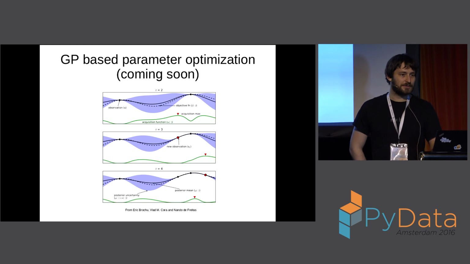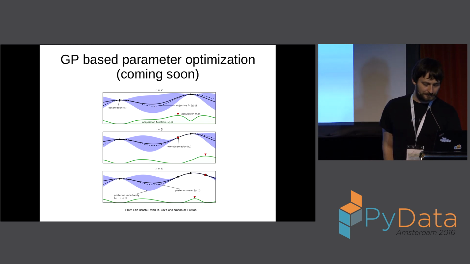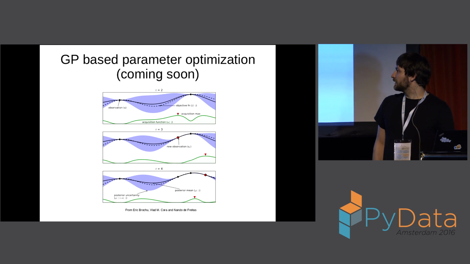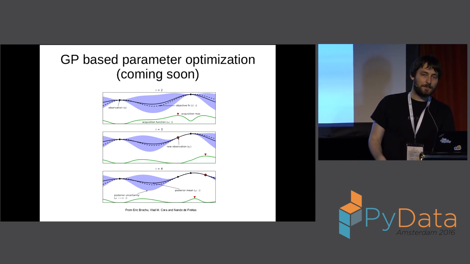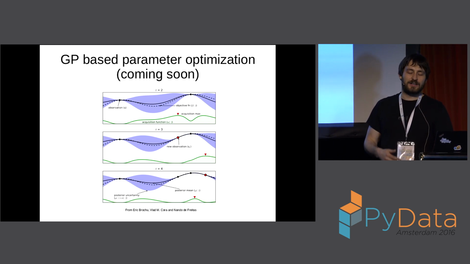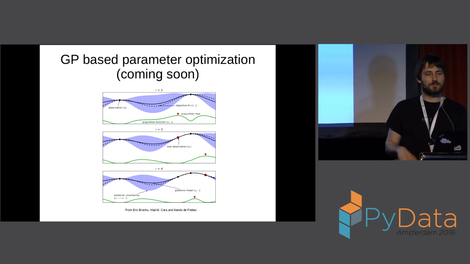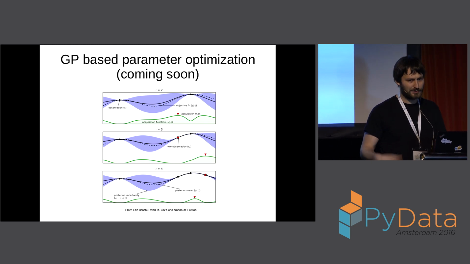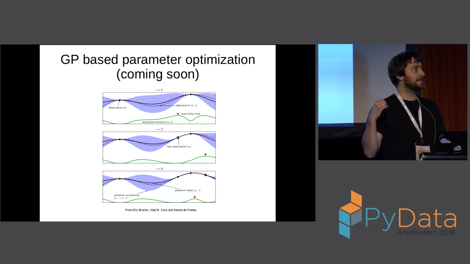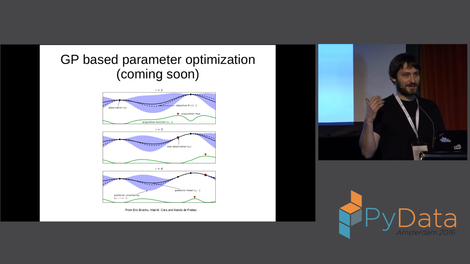But for continuous parameters, this makes a lot of sense. Though the randomized search is actually pretty competitive to this. The main downside of randomized search is that you do need to know a good prior. If we're lucky, we'll get this in 0.18, probably 0.19 is more likely. We'll see.